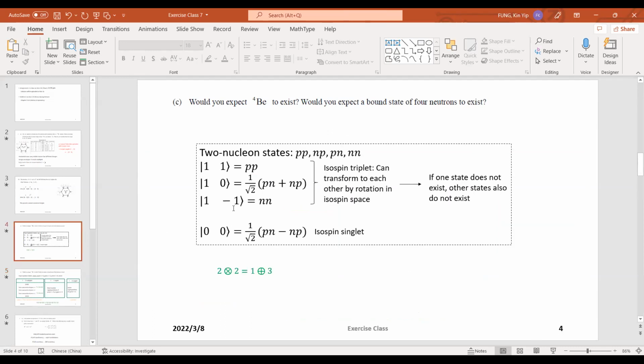They are just related by rotation in isospin space. Right, but how do I do it physically? If I observe a particle right now in the 1,1 state, what do I have to do for it to jump to, let's say, the 1,-1 state?